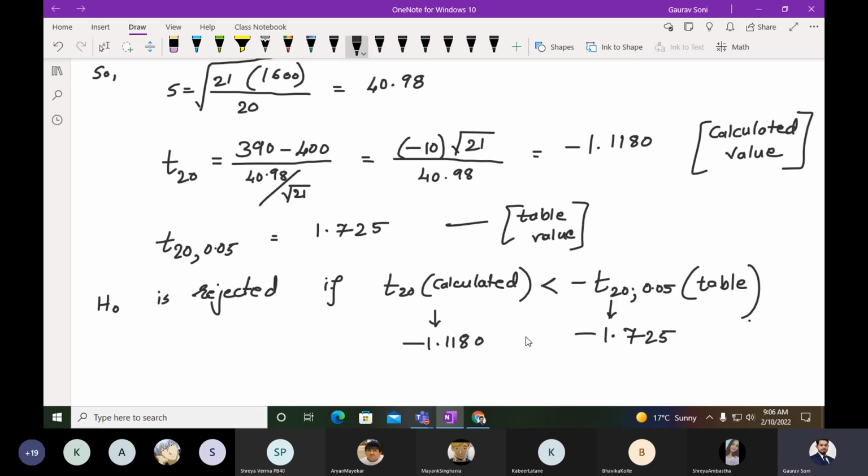So what is happening? Minus 1.11 is greater than minus 1.725, right? So if greater, then what do we do?